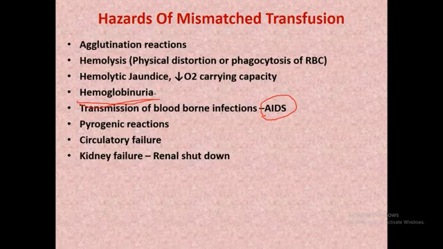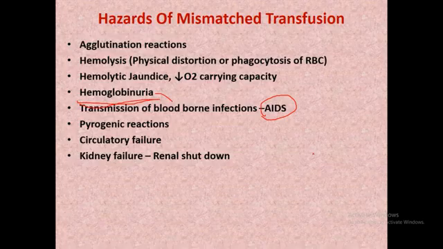Whenever this free hemoglobin passes through the kidney, it is going to damage the structure of the kidney, and due to this kidney failure or acute renal failure is the consequence of this hemoglobinuria as well as hemoglobinemia.